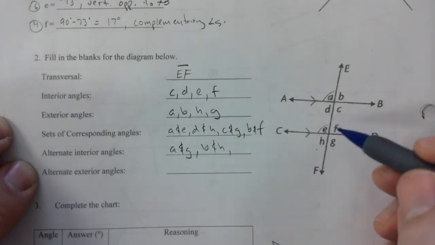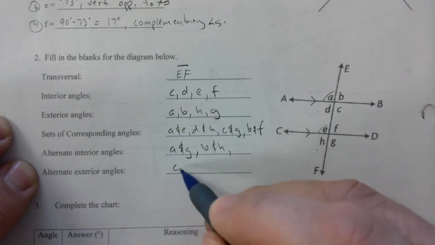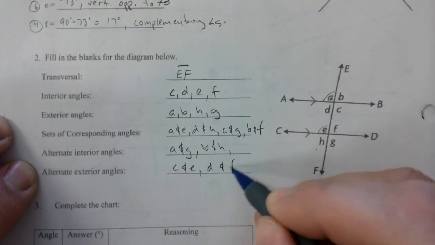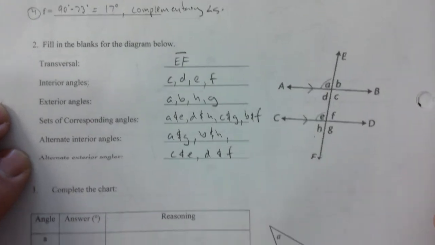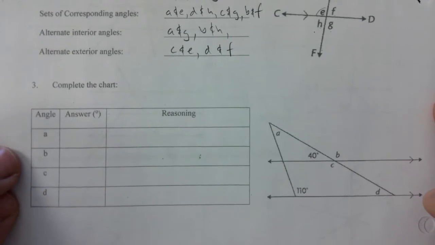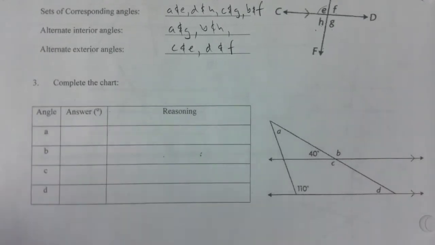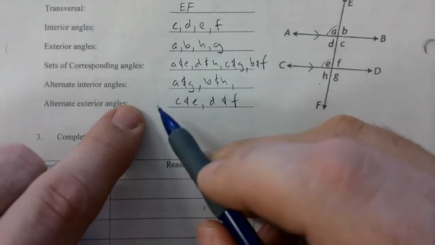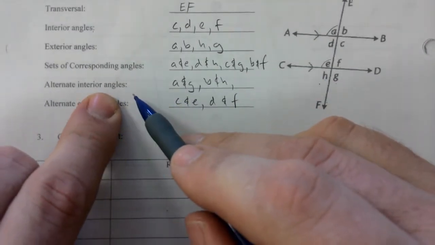And interior would be C and E, and D and F. There's that. And here comes the meat and potatoes of today's review that I want you to make sure you understand. Oh, did I? Yes.